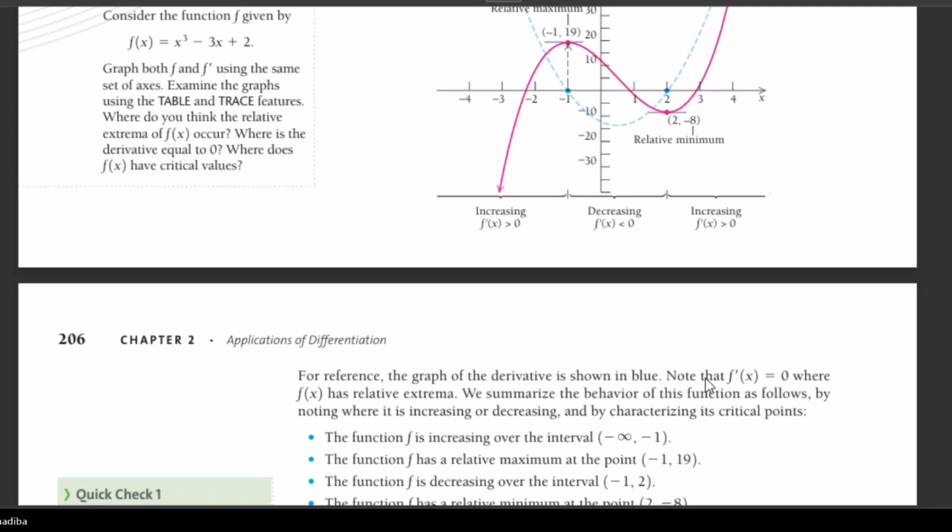Because of the increasing and increasing on the left-hand and right-hand side of 0, I would say we don't have a maximum point there because there's no change in the function's gradient from increasing to decreasing. It's just a critical point at 0. On the graph, we just see the graph increasing through those two intervals. It's increasing approaching 0, and still increasing passing 0.